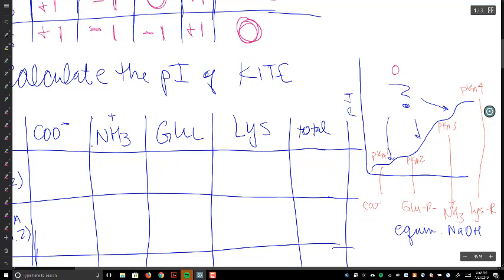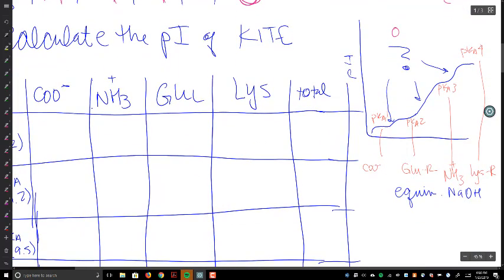So in order for us to pinpoint and pick the pKa's that we have to average together, the pI is equal to the pKa where the charge is -0.5 plus the pKa where the charge is +0.5, divided by 2, so it's that average.